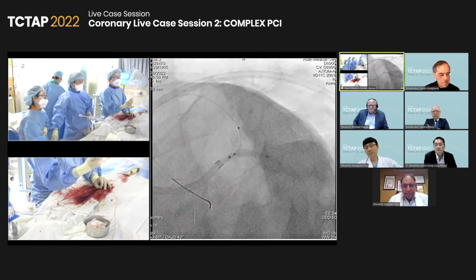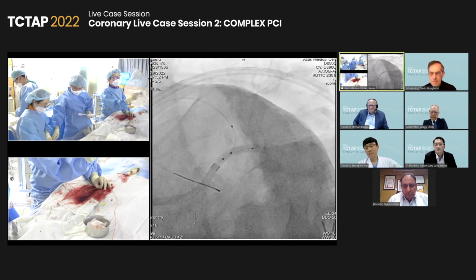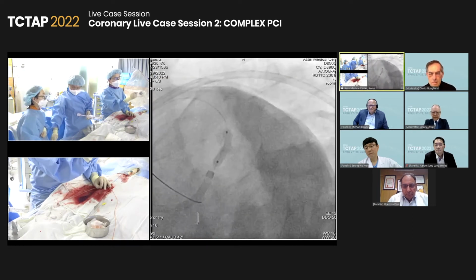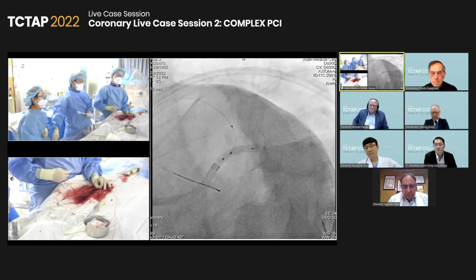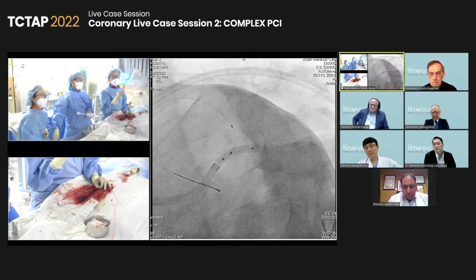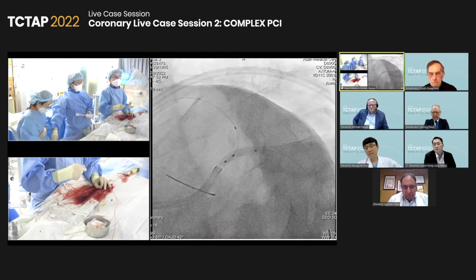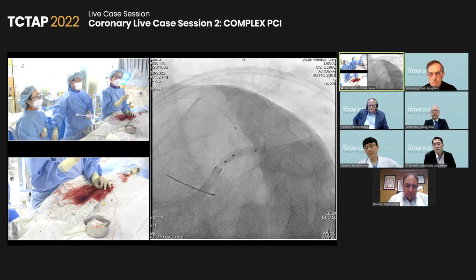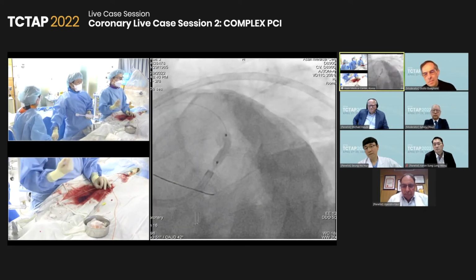Next, we further implanted a 3.0 NC balloon for maximal inflation of the side branch ostium, which makes rewiring and balloon passage easier after crushing, and then removed the circumflex wire.